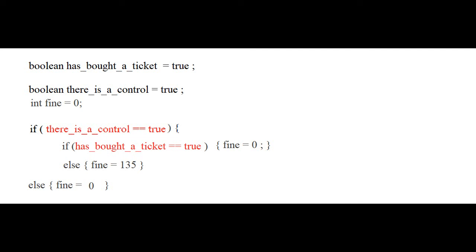If there is a control equals true, which is the case, then you go into the other expression. If has bought a ticket equals true, then fine equals 0. Else, fine equals 135 if the person has not bought a ticket. Else, if there is not a control, fine equals 0.